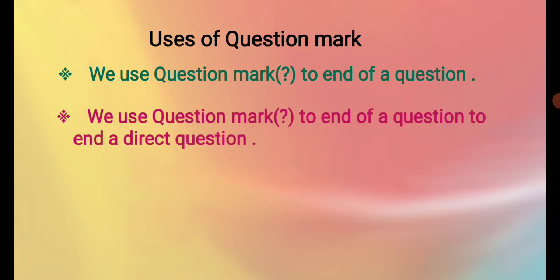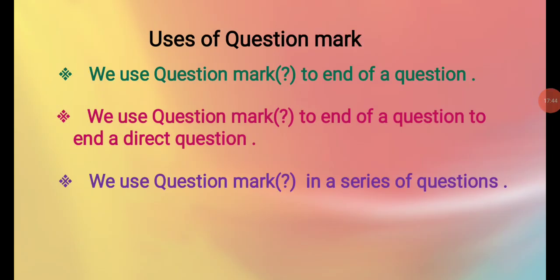Then we use a question mark to end a direct question. It means that when we are asking something to someone directly, the second person is in front of us and we are asking him or her about themselves, at that time we use a question mark.